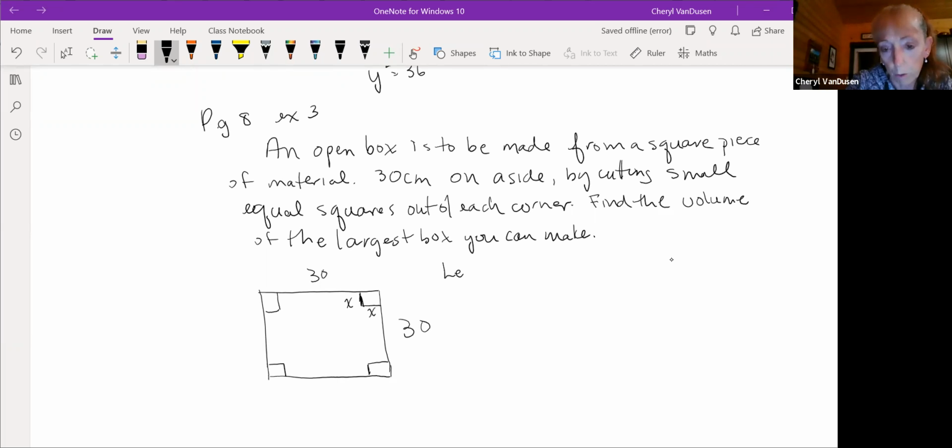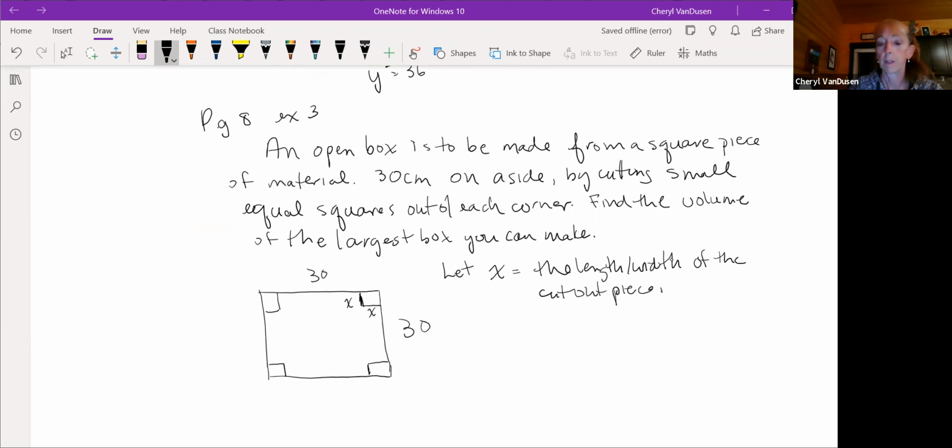Now we don't know how big that little piece is, so here's where we introduce our letter. And again, we should probably have a let statement. So let x equal the length or width, because it's a square, of the cutout part. Okay. So what that gives rise to is the ability for us to find the new length, the new width, and the height. Remember, we're going to be turning it up.